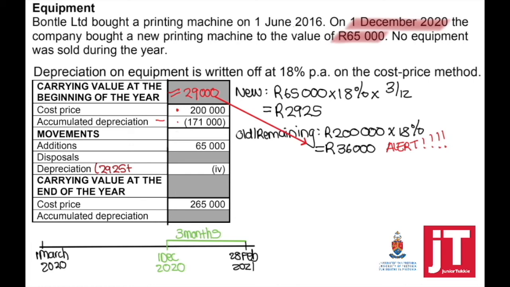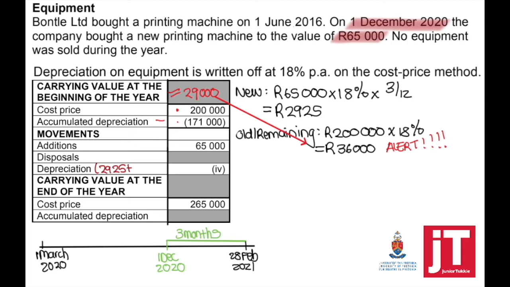So to calculate the depreciation, we take the carrying value in the beginning minus the carrying value at the end, which equals the depreciation. So what is my carrying value at the end? We always say the asset can never show a negative or a 0, so therefore the carrying value should be 1.